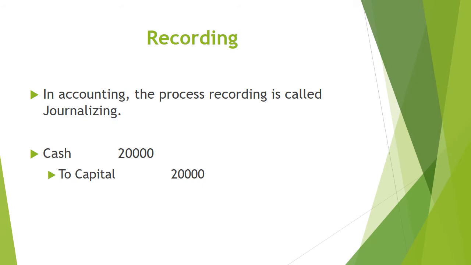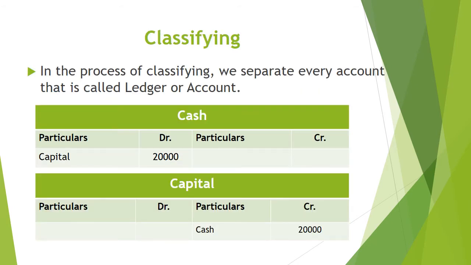In the journal entry. And what is classifying? In the process of classifying, we separate every account, that is called a ledger or account, and there are two ledgers or accounts. First is the cash account. We have seen that the upper ledger is the cash account, cash ledger. On the left side is the debit side and the right side is called the credit side.